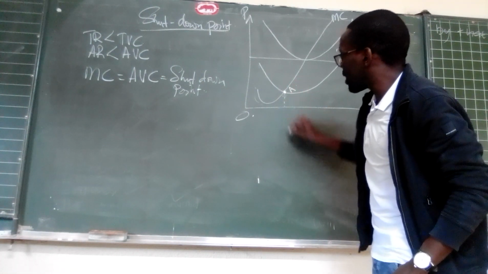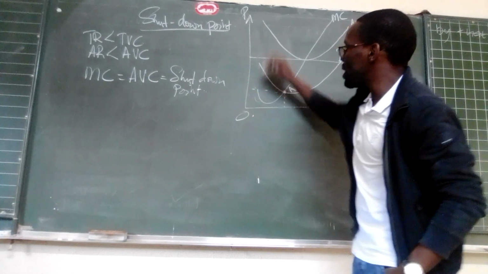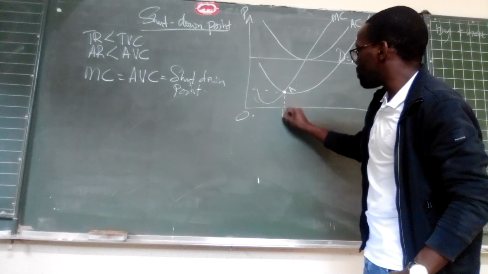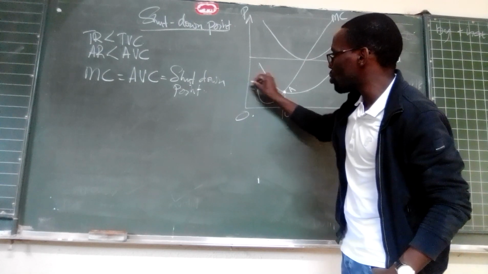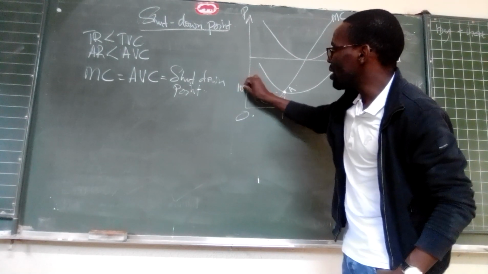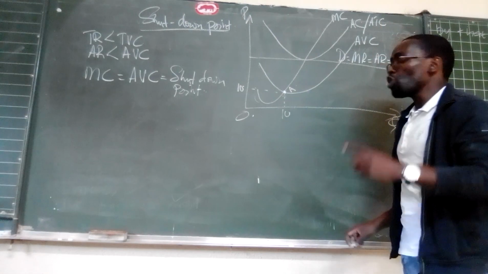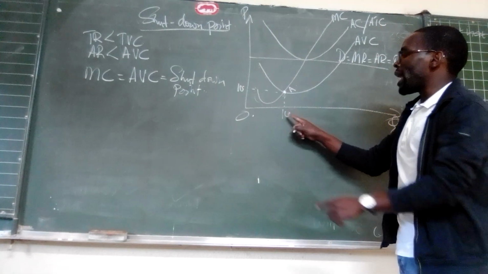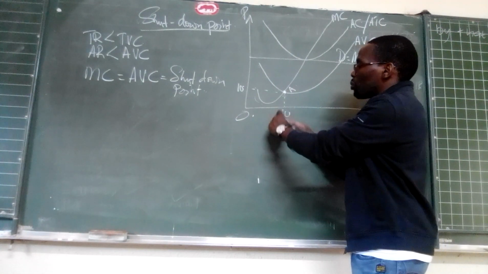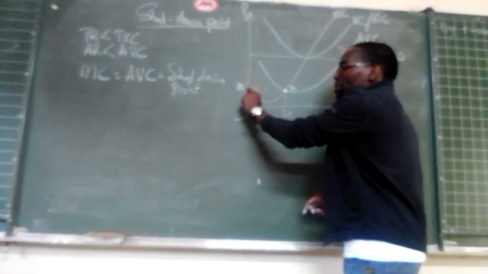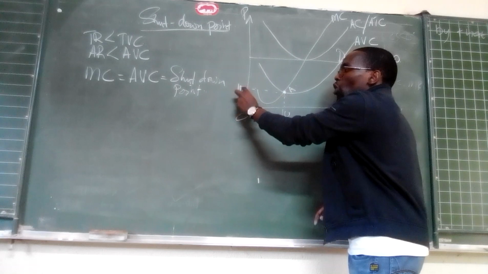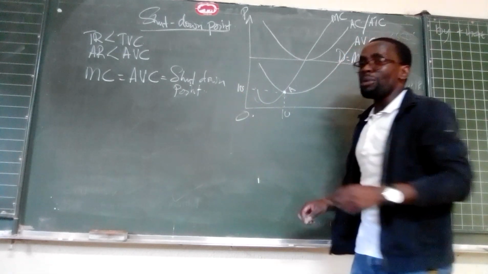Now in the graphs, for example, maybe on this side we are producing 10 units, and those 10 units are produced at a cost of maybe 10 rands. So if we are to produce any number of units, but we are going to sell those units at a price that is lower than 10 rands, then the firm should close.